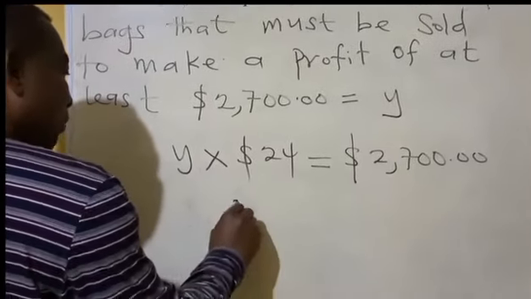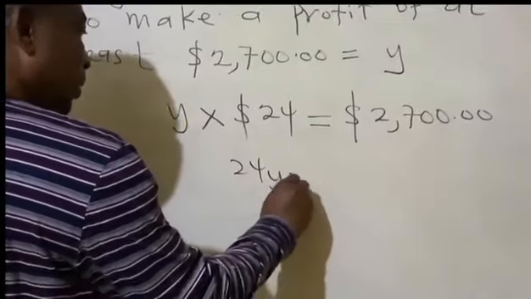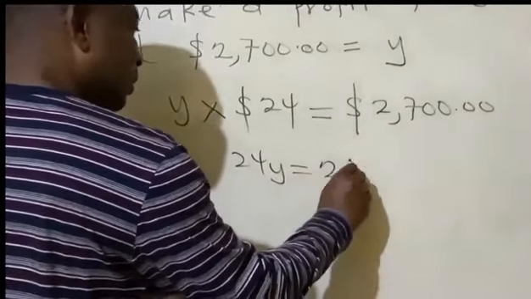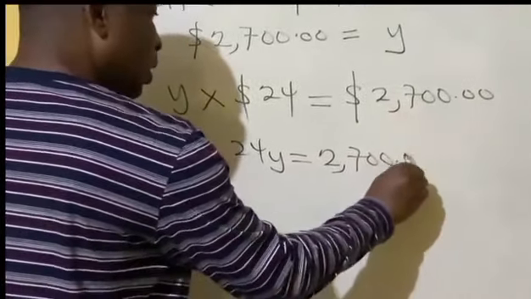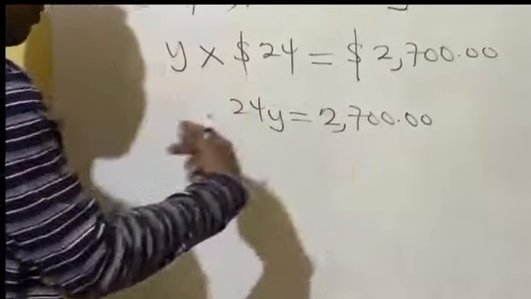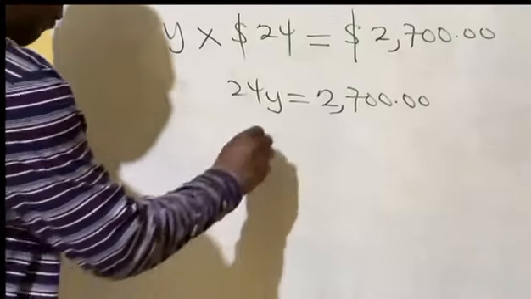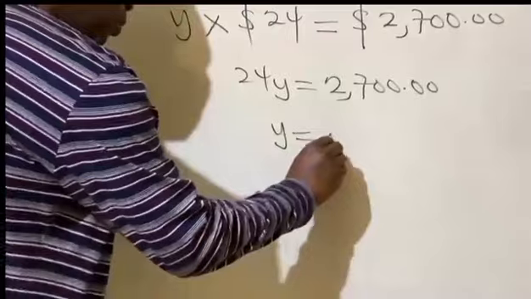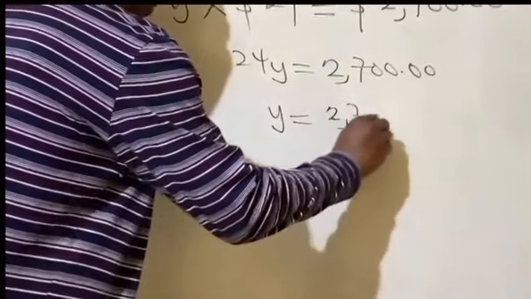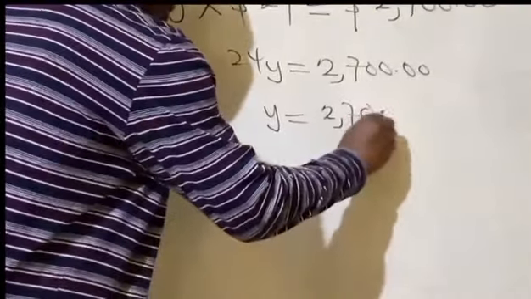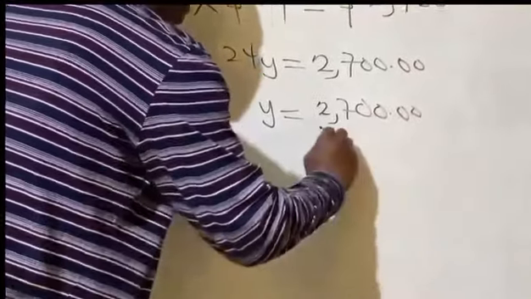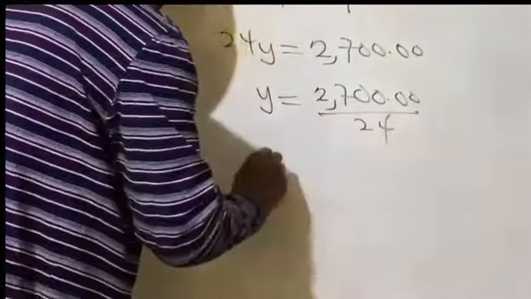Y times 24 gives us 24Y is equal to $2,700. We divide both sides by 24. Y is equal to $2,700 divided by 24.